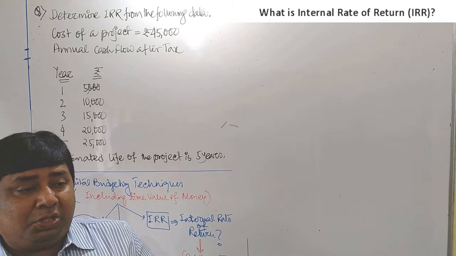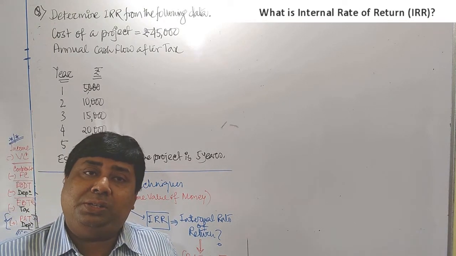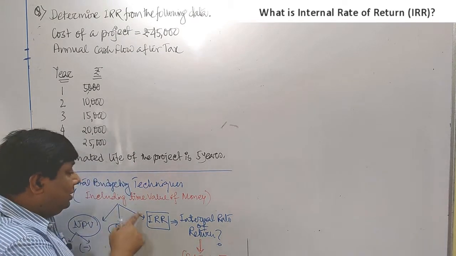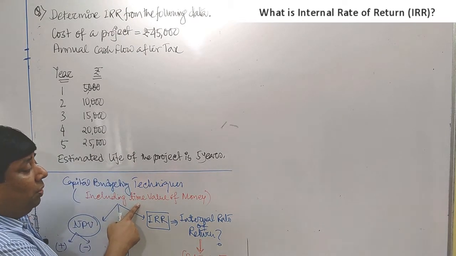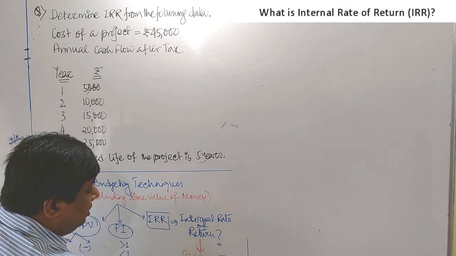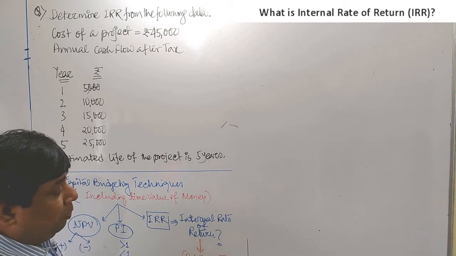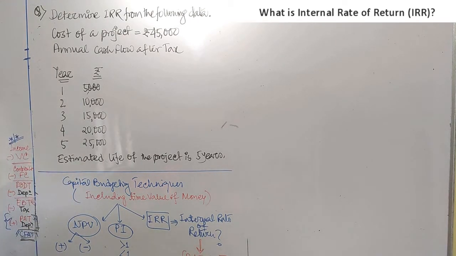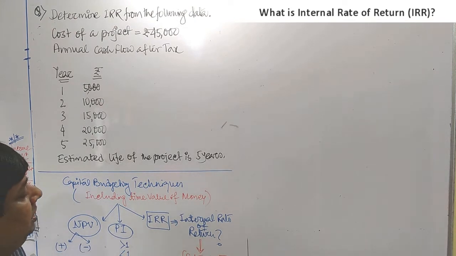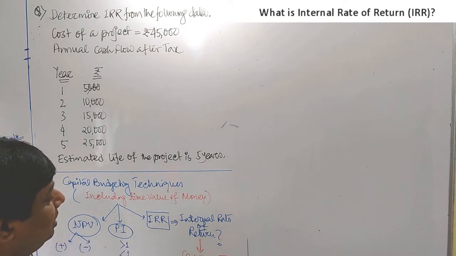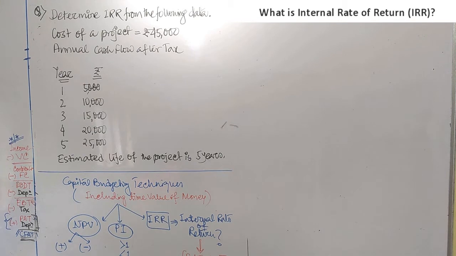If you compare investment and benefits with consideration of the time value of money, what exact return does your project provide? Whatever project you are going to adopt, what is the exact return of such project itself? That we are going to calculate in the chapter of internal rate of return.